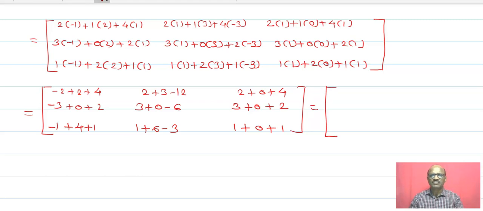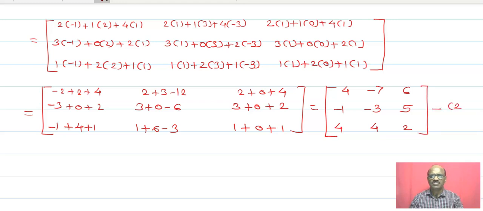Now this chapter is for the 12th standard, that's why you should learn matrix multiplication very well. Also this is important for the CET and the JEE purpose. Now the first row is 4, minus 7, 6, after that 1, minus 3, 5, and third row is 4, 4 and 2.